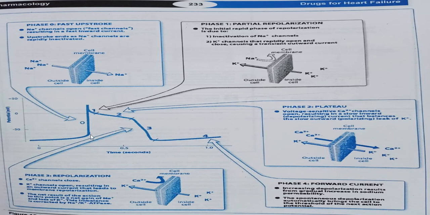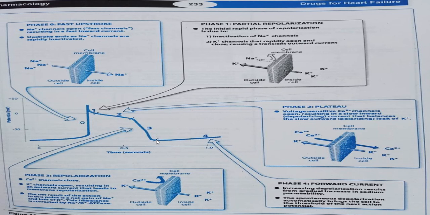Here you can see in the first stage the rapid entry of sodium makes this peak, but here in the last phase 4, there is no rapid entry of sodium, so it is very slow and gradual, so this rise goes on very slowly.